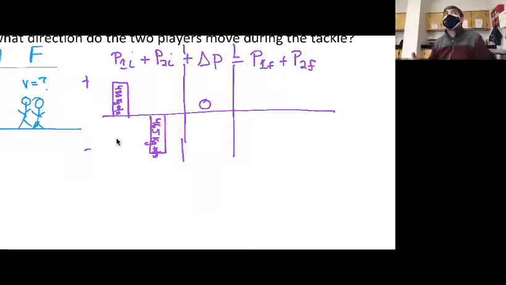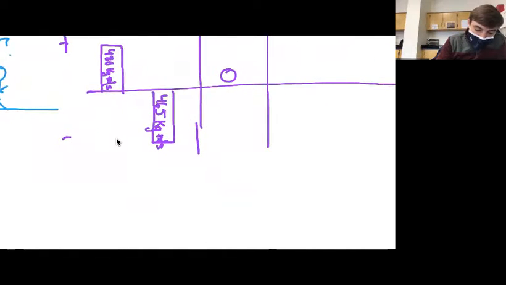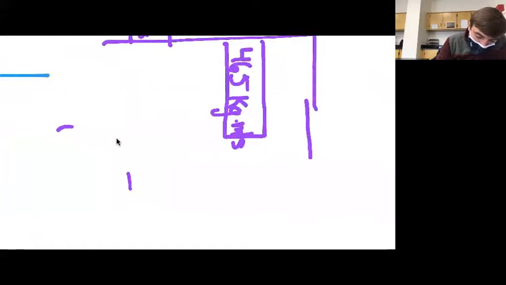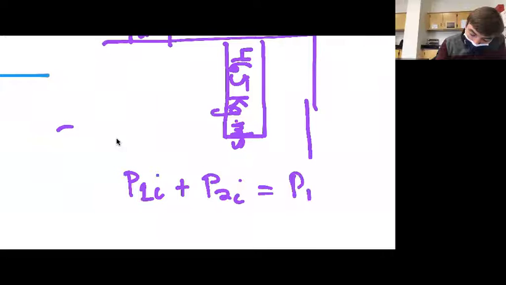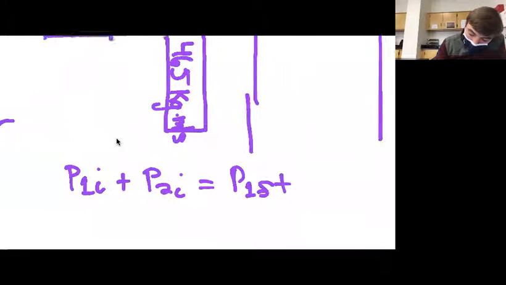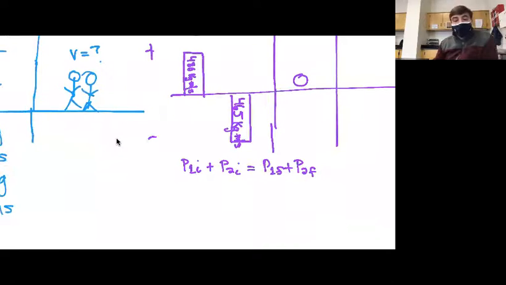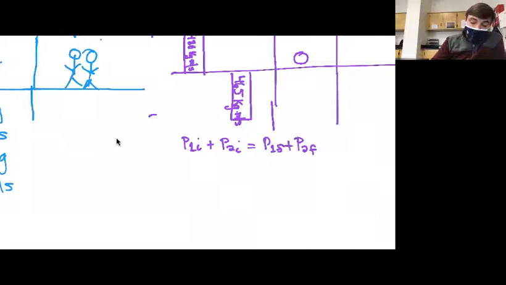But what I do have is an equation. That equation on the top, I take out whatever became 0. So that change of momentum, I take out and rewrite the equation on the bottom. Initial momentum of object 1 plus initial momentum of object 2 equals final momentum of object 1 plus final momentum of object 2.